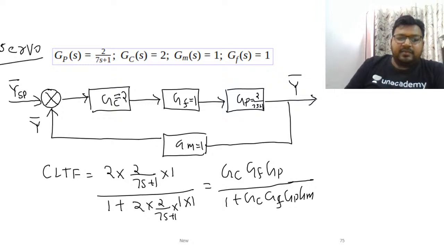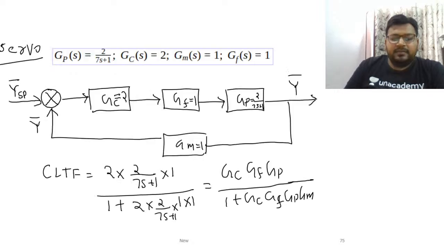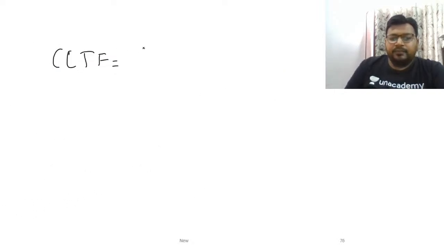And when you take the LCM, guys, you will get the closed loop transfer function as 2 into 2, 4 by 7S plus 1 divided by 1 plus 4 by 7S plus 1.